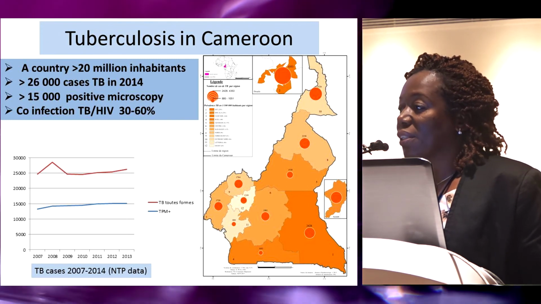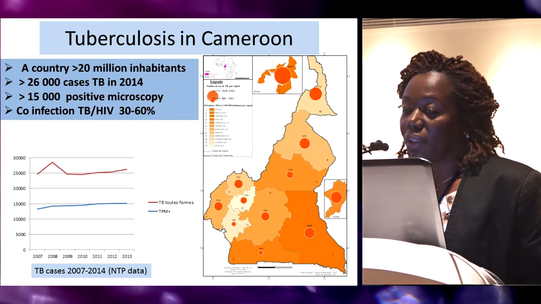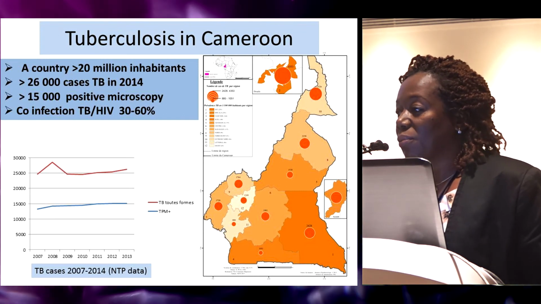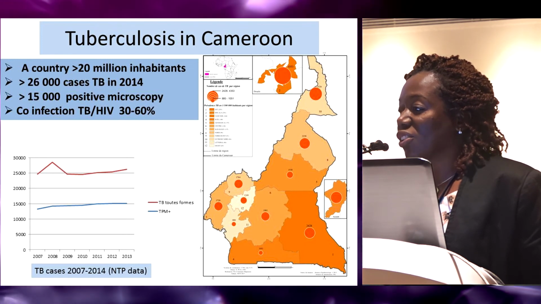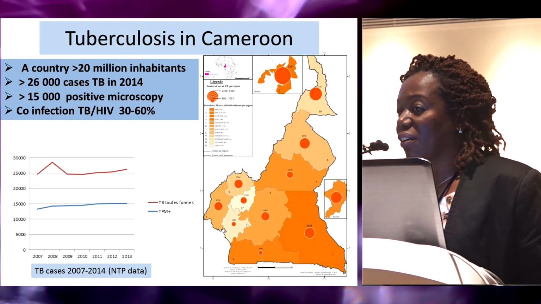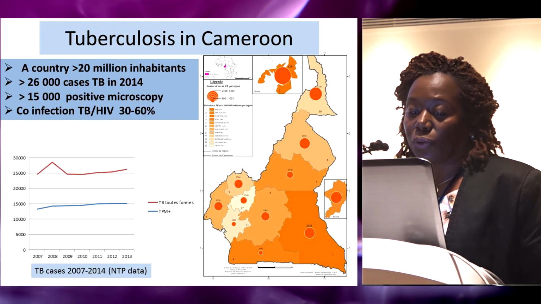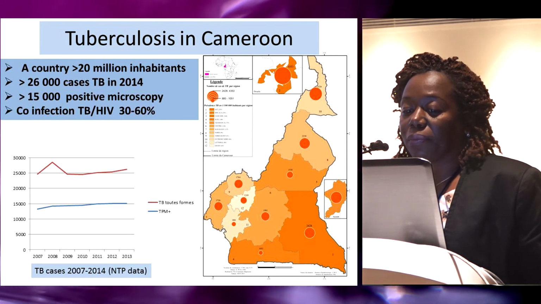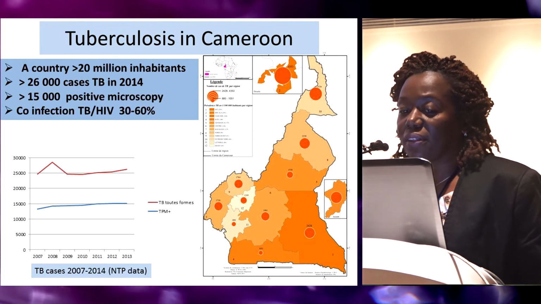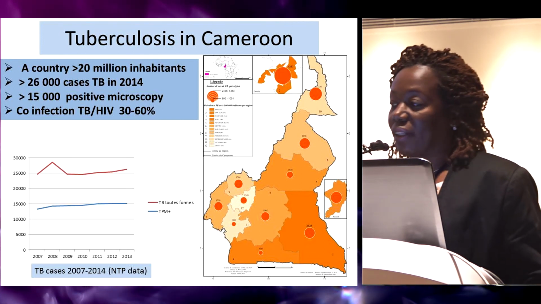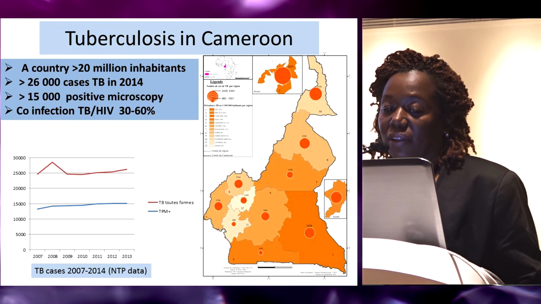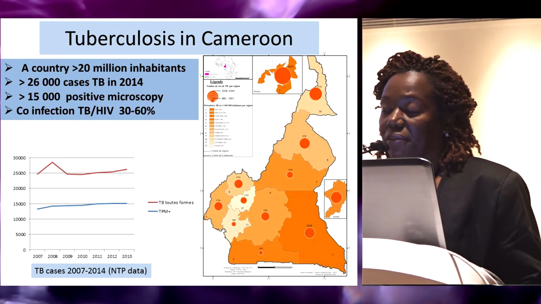Population is estimated at over 20 million inhabitants. TB burden as well as TB/HIV co-infection are relatively high. We have 26,000 TB cases notified per year, and more than 15,000 are microscopy positive.